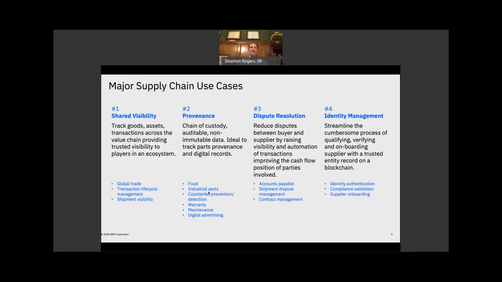Four major categories: shared visibility, tracking an asset through various different processes performed by different companies; provenance, who did what, when did they do it, and what authorizations did they have to do it; dispute resolution, which is all about having one set of data that we look at, so I'm not disputing whether or not that invoice is actually payable at this point in time; and lastly, identity management, whether I'm a person, a corporation, or even an IoT device. Am I who I say I am, and can you trust my information?